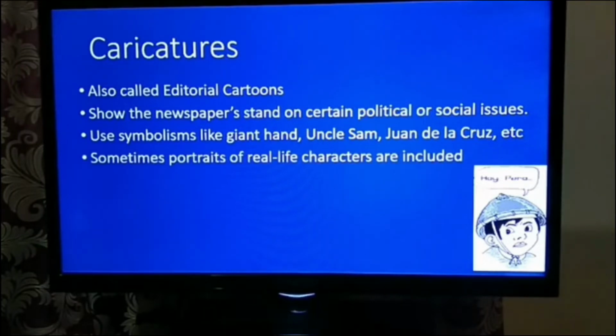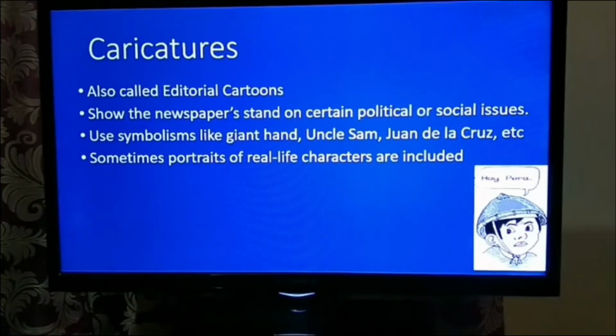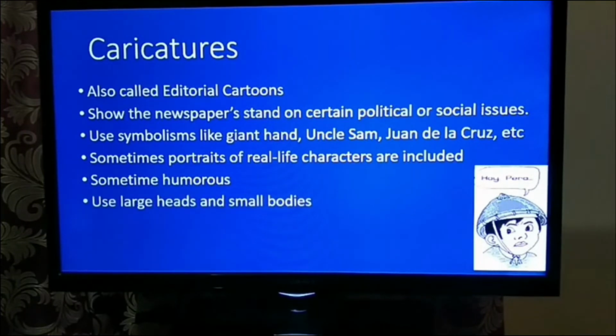Now, sometimes the portraits that you see on ed cartoons are real life characters, not Juan de la Cruz or Uncle Sam. So usually presidents of the country. And they are portrayed with some kind of humorous touch. Their heads may be extremely larger than their bodies. The prominent parts of their faces would be emphasized.